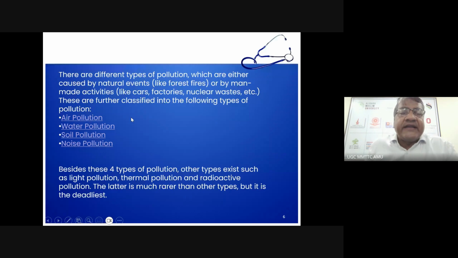Besides these four major categories, there are other types like light pollution, thermal pollution, and radioactive pollution. Very important: radioactive pollution is a main cause of cancers. It is much rarer than the other types, but it is the deadliest. It is the most dangerous.